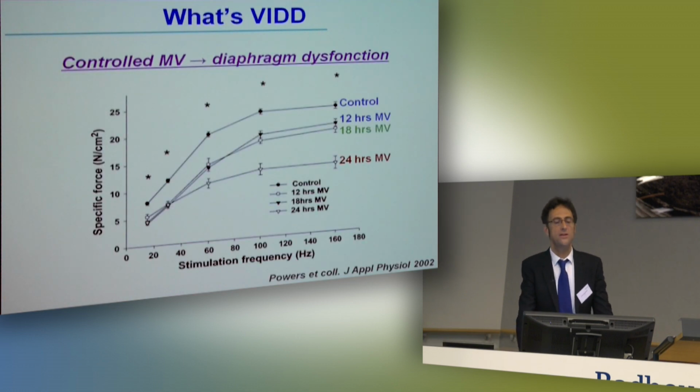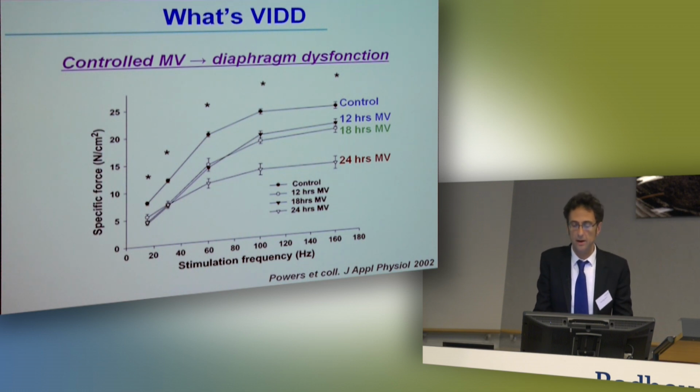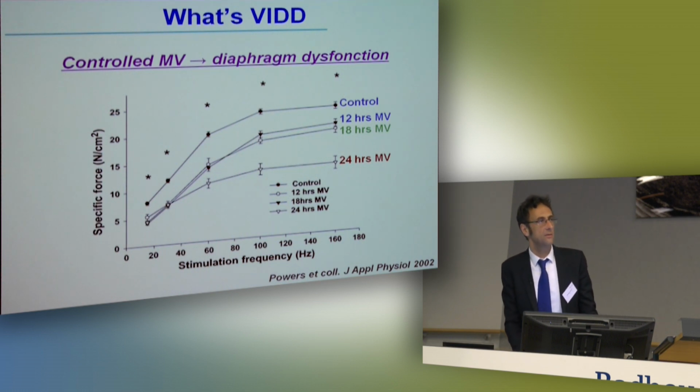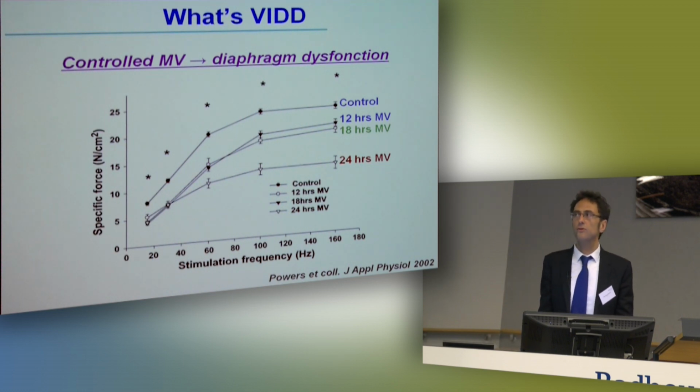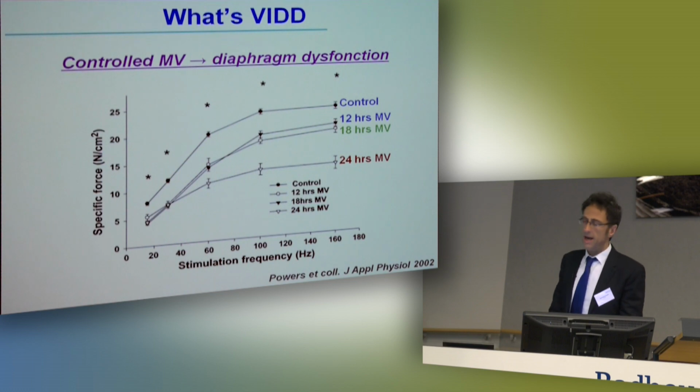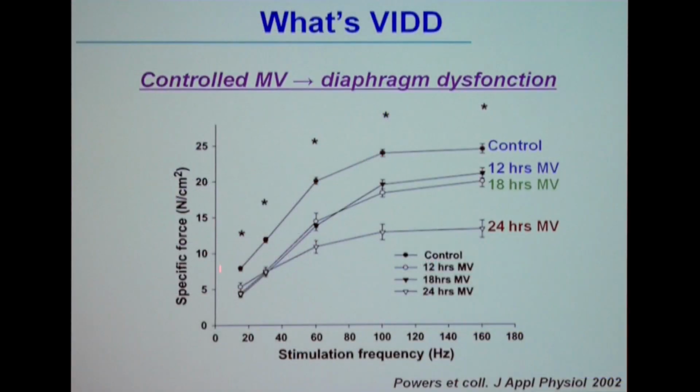So ventilator-induced diaphragm dysfunction is a concept that was discovered like 15 or 20 years ago. And here on this graph, you have the force that can be produced by a strip of diaphragm of a rat exposed to 24 hours of mechanical ventilation, 18 or 12 hours, and the control rat that has not been mechanically ventilated.